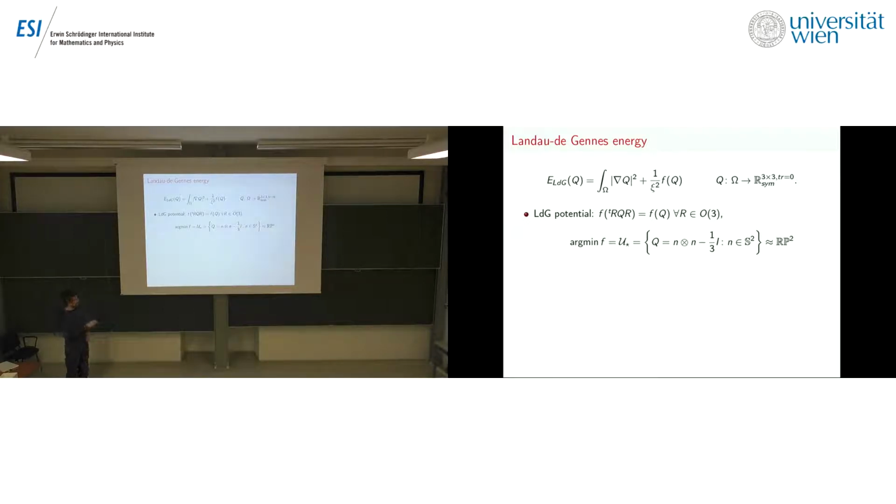So here we fixed it to 1, but it could be anything else, just a special choice of units. I call this set where it's minimized U star. U stands for uniaxial, and star for the fact that you're fixing the eigenvalue.